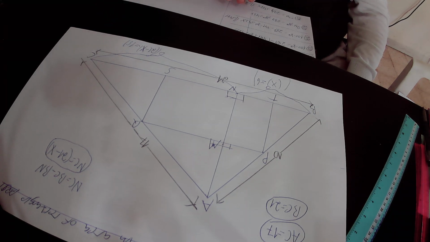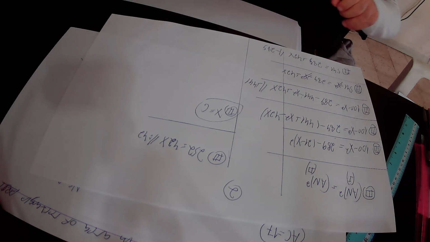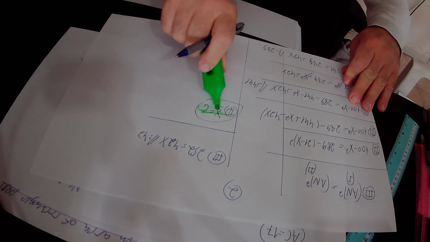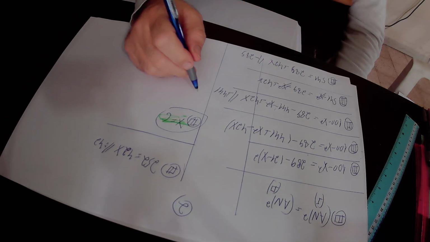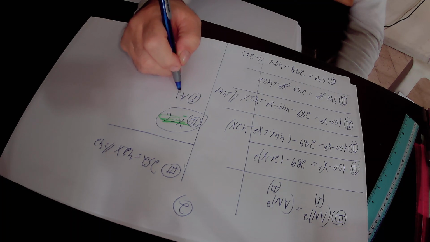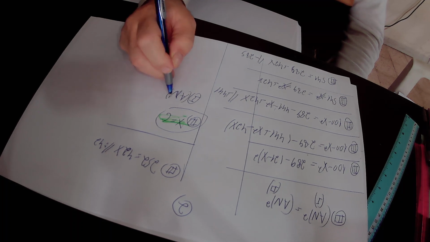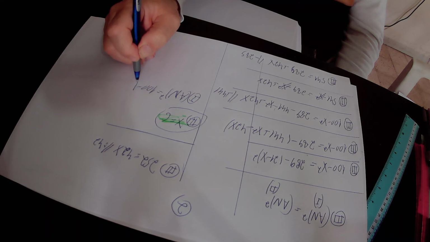In the next step, we return to equation 1. According to equation 1, AN squared equals 100 minus x squared.